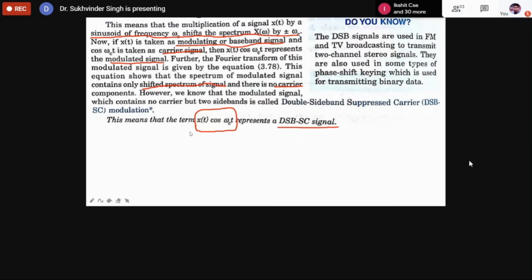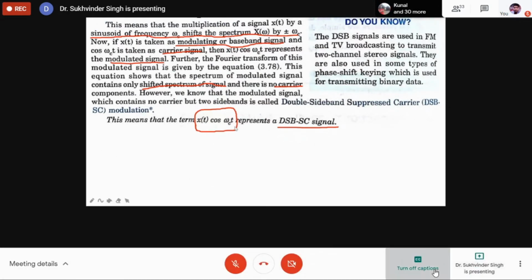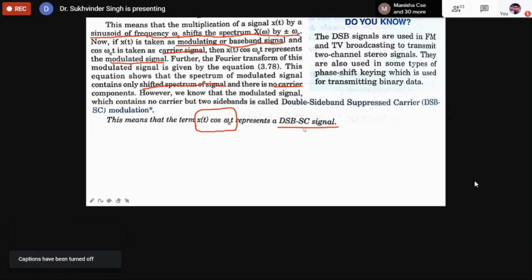So we can say that xt cos omega ct represents the double sideband suppressed carrier signal. In this expression, we don't have any wave equation for the carrier wave, and in this way we have suppressed the carrier wave in the modulating signal expression.